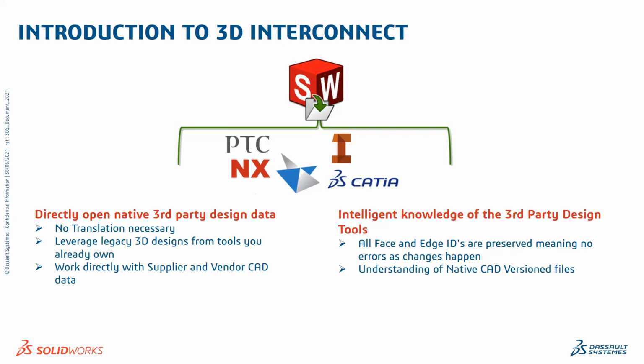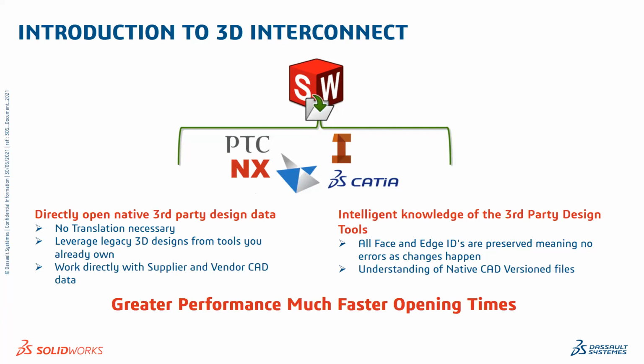It will also understand the CAD file versions, as I explained. Whichever is the newer version will get updated here. This is the major advantage of 3D Interconnect. Because of these advantages of directly handling third-party CAD files, we can see greater performance and faster opening times.